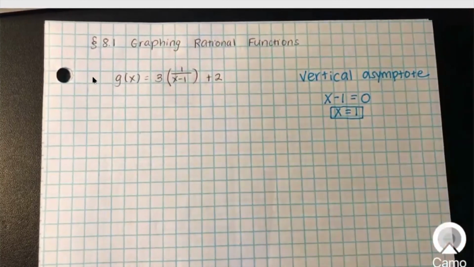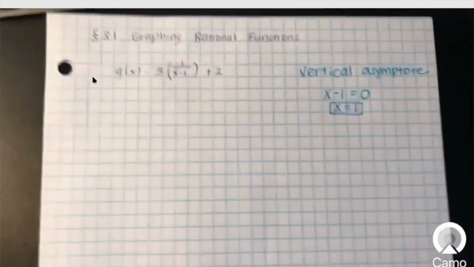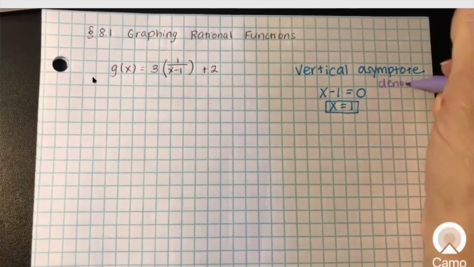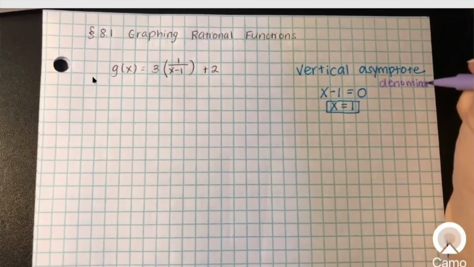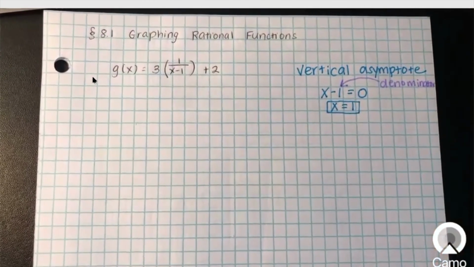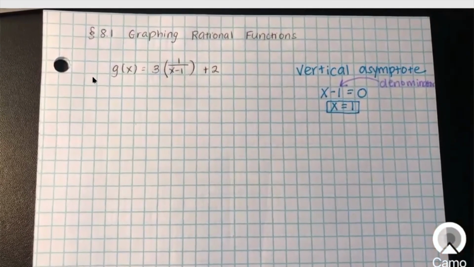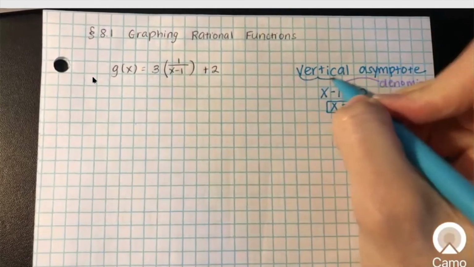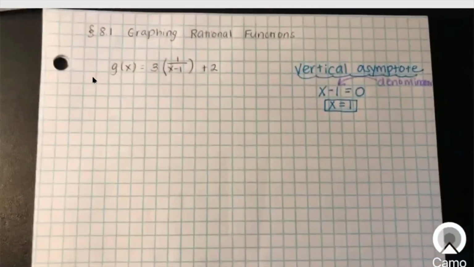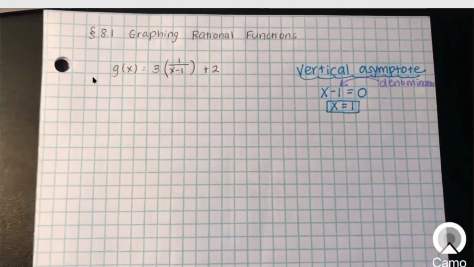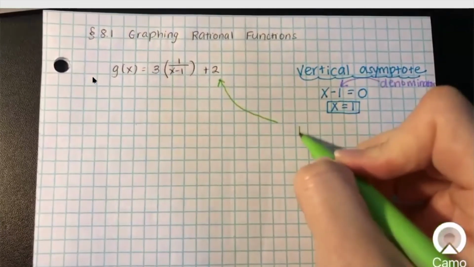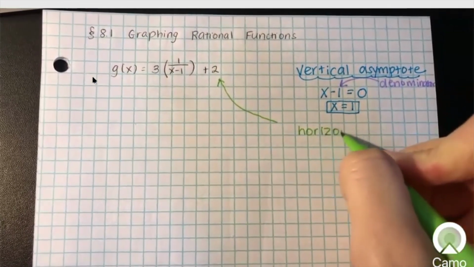And again, where this comes from, this is our denominator. Whoa, ran out of room there. So that is our denominator. We set that equal to 0, and that's how we can find our vertical asymptote. Okay, if we look at the next asymptote, our horizontal asymptote, that's where we have that added value at the end.